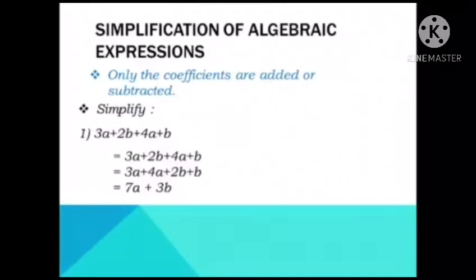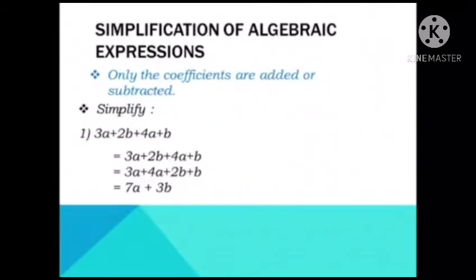So 3a plus 4a is 7a. 2b plus one more b is 3b. So the answer is 7a plus 3b. We can't simplify more than that because a and b are two different variables, so they cannot be added.